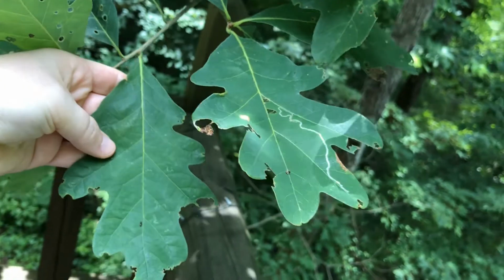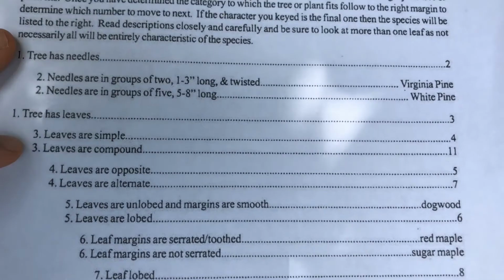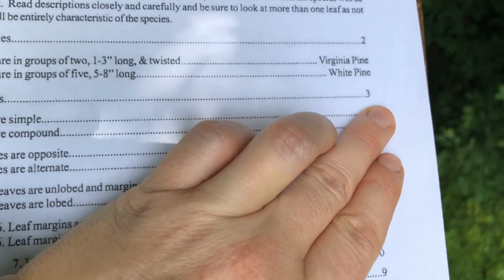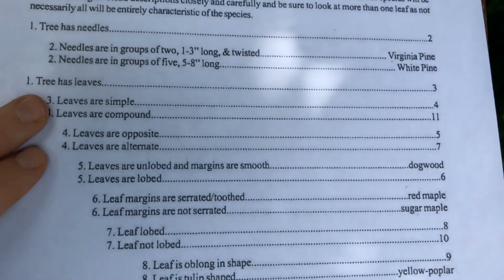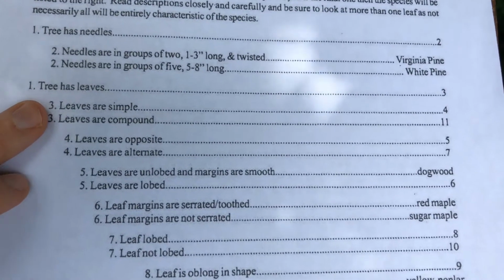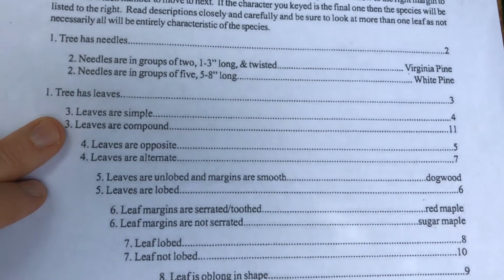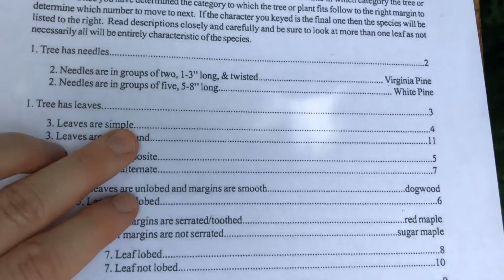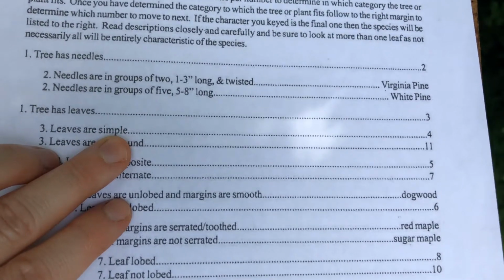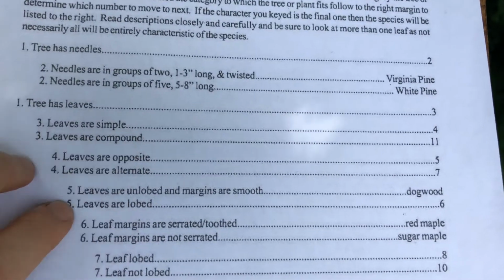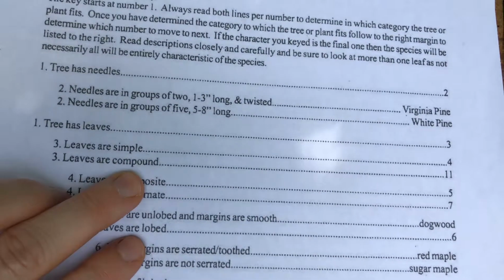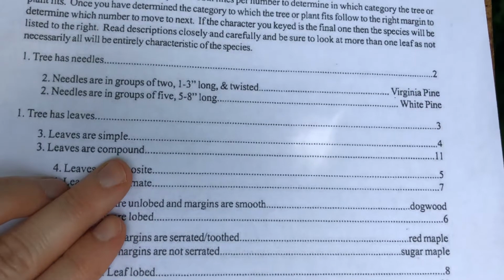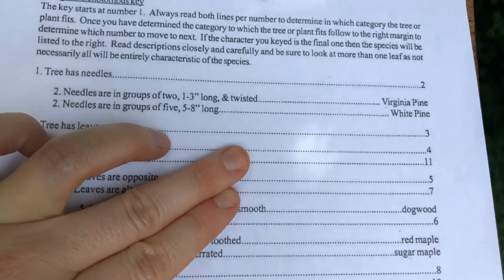We know that this tree has leaves. So we are going to go on down to question 3. Question 3, are the leaves simple or are they compound? So we know that simple leaves have a bud at the base of one single leaf. Compound leaves have a bud at the base of a leaf that leads to several leaflets.